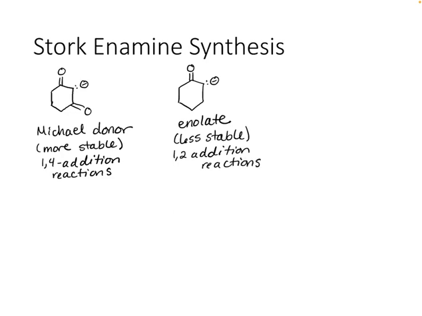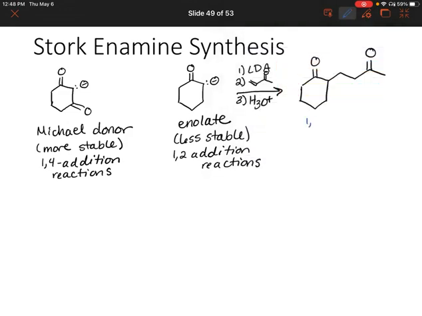Now, if we try to form, for instance, the following, like we did last time, we're going to get really low yields because, again, this would be the 1,4 addition product, and so this would have low yields.